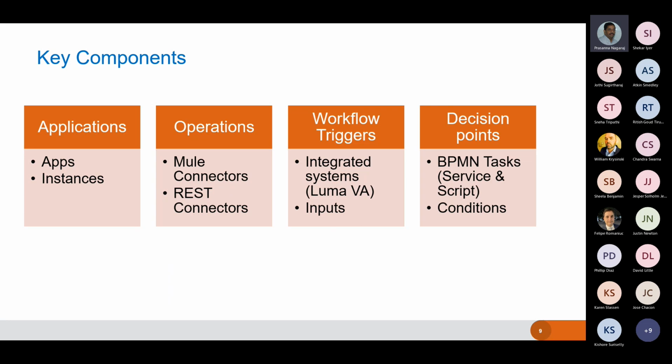REST connector apps have instances where we can configure where to run. Similarly, Mule connector has agents, where we can deploy the agents and the agent configuration would run on that particular agent. That's the difference between Mule and REST connector: instances and execution endpoints.